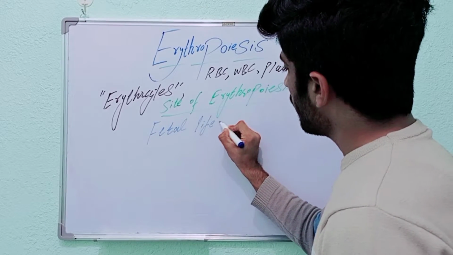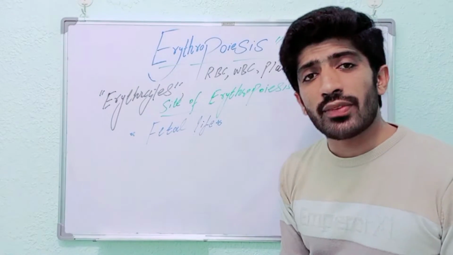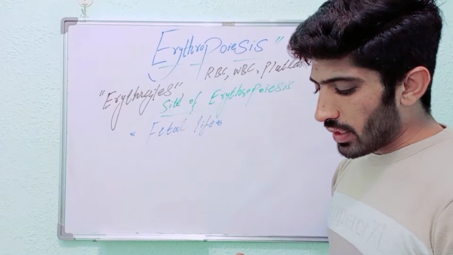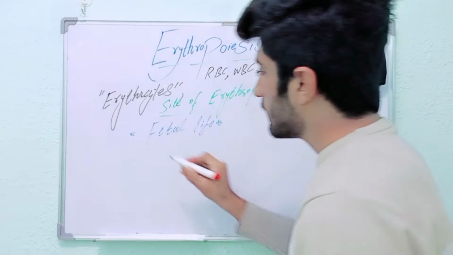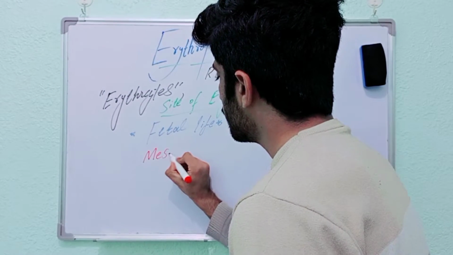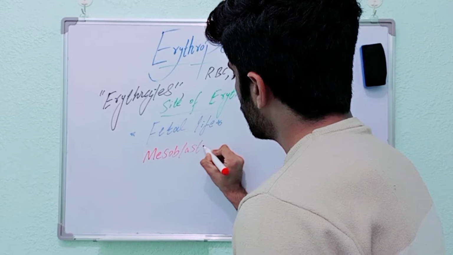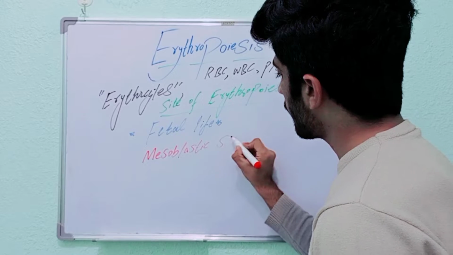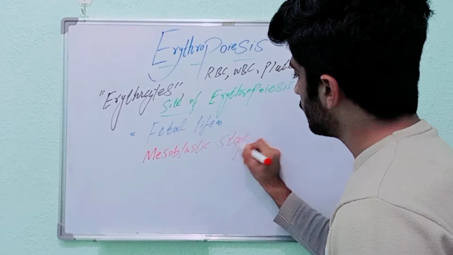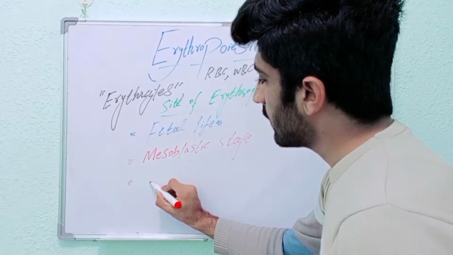Students, the process of erythropoiesis in fetal life takes place in three stages. First is the mesoblastic stage. Second is the hepatic stage.